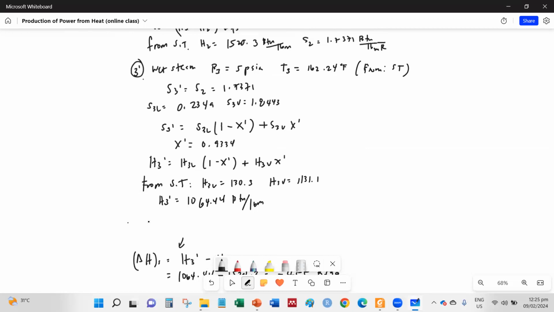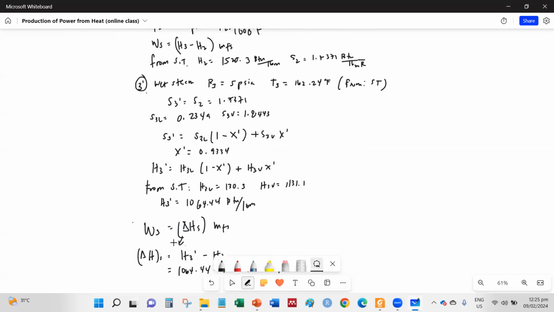Let's base it on the actual work. Work shaft equal to delta H times mass of flowing stream. Okay, so let's disconnect it from this one.